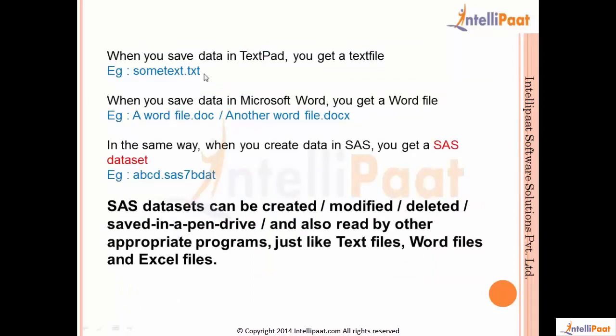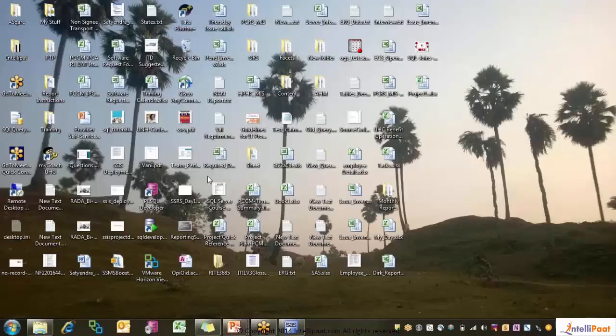For a Word document, you have .doc or .docx. In the same manner, for a SAS dataset you have .sas7bdat. This is for the SAS dataset, not for the SAS code file. If you have a SAS code file, then that code will be .sas.